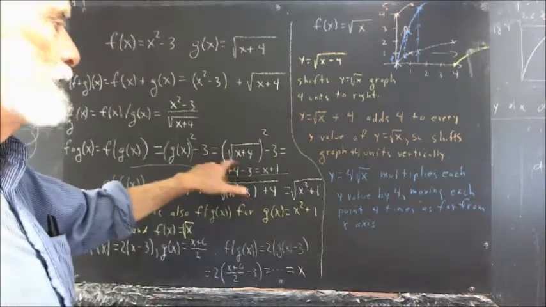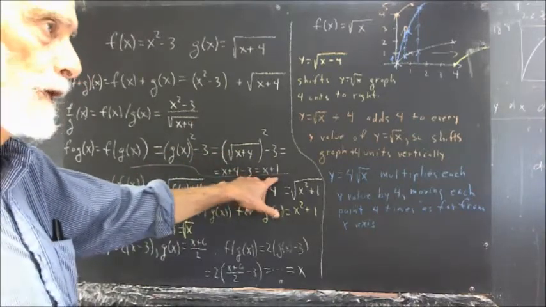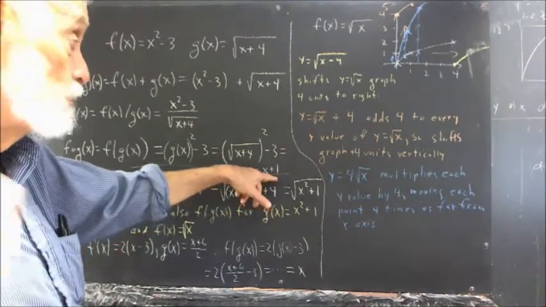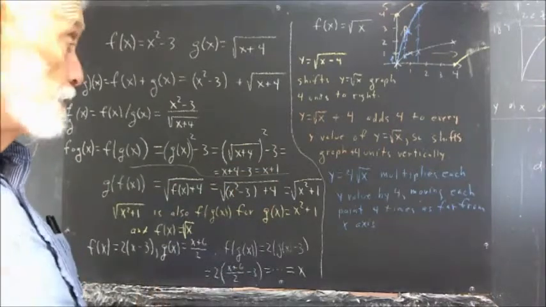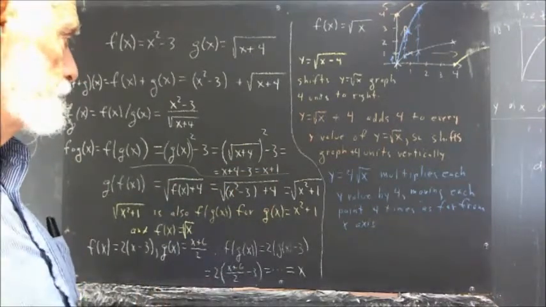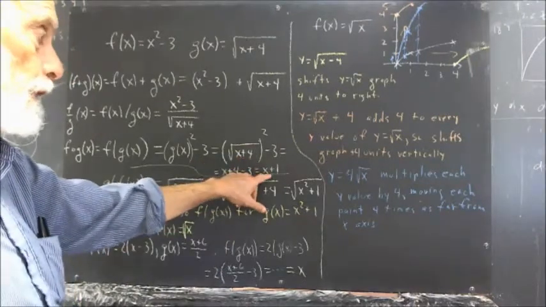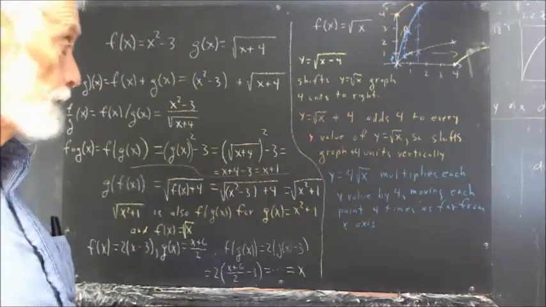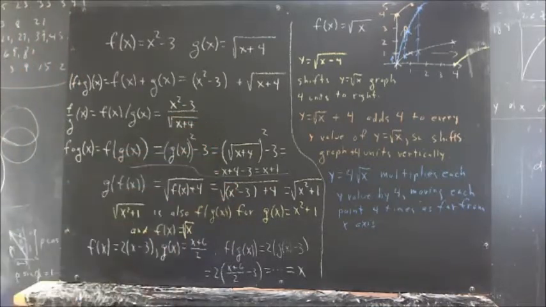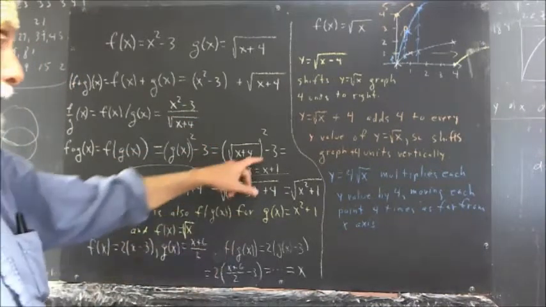So even though you could do x plus 1 for x equals, say, 0, or even negative 1, you might not be able to do the square root of x plus 4 for that value. In this case you can, but in other cases it might be that you can't.